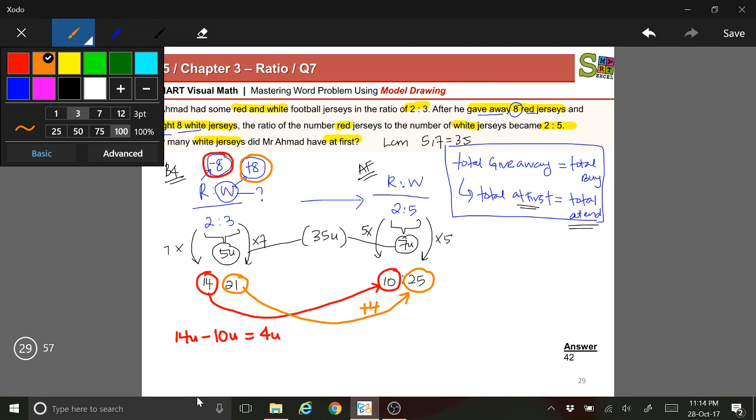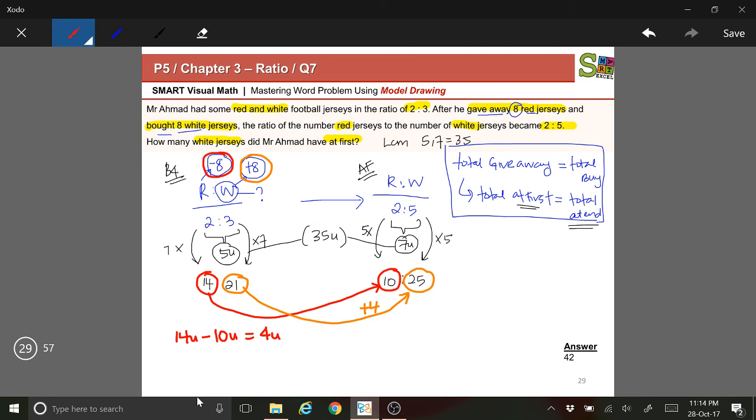Just now there was a minus 4 decrease. So we can safely say that 4 units here is equivalent to our 8 jerseys. Alright, so that's how we come to the conclusion. So we put here 4 units is equivalent to 8 jerseys.